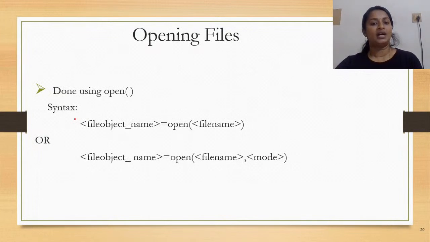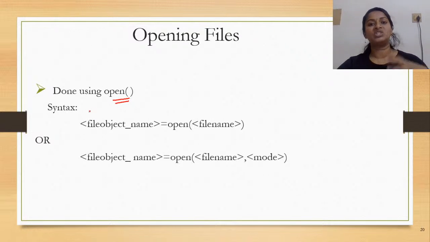Now let's get to learning how to open the files. This can be done using the open function. Sorry, not method, the function. We had already seen the difference between method and function, right?